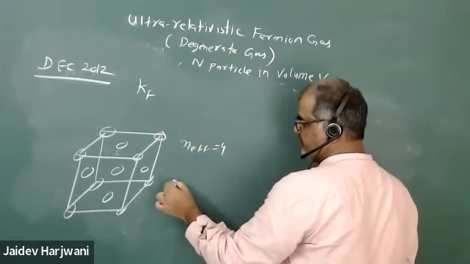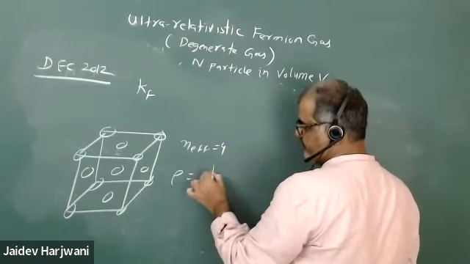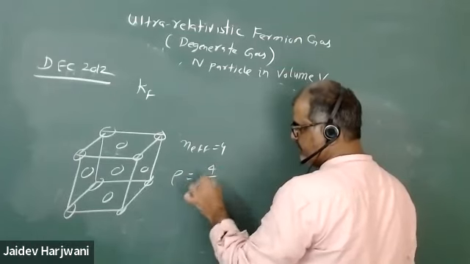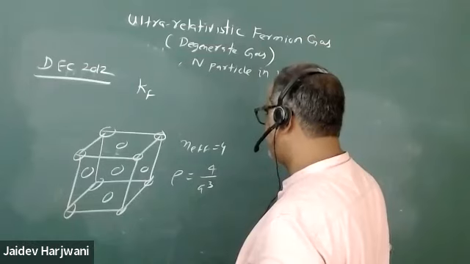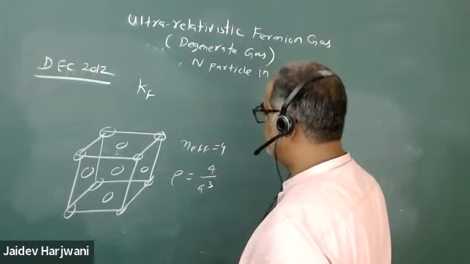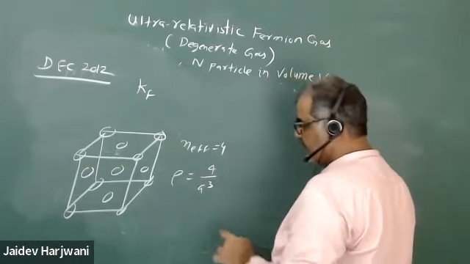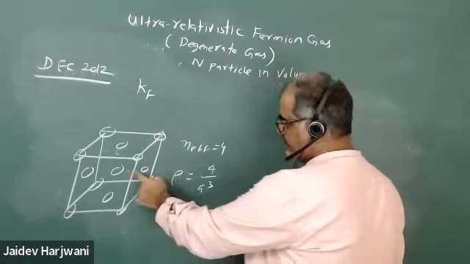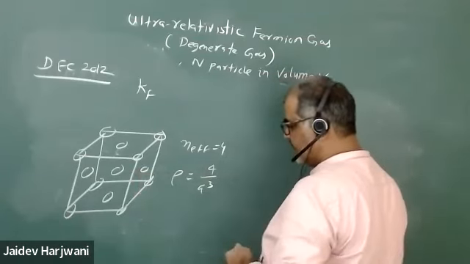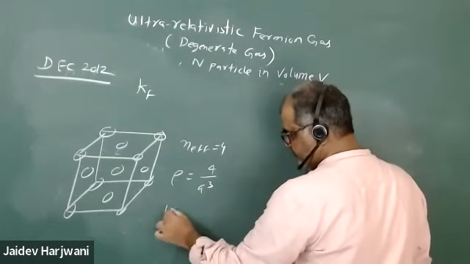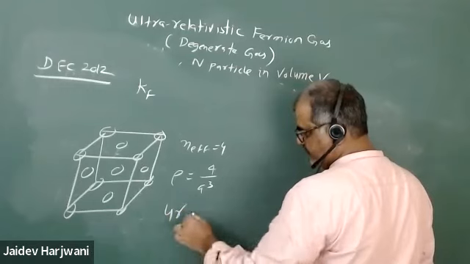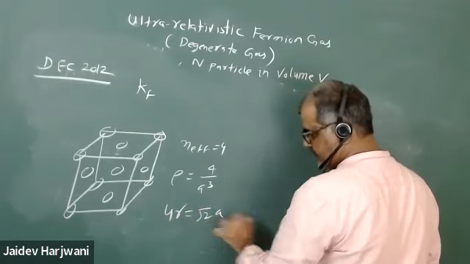So density will be n upon a cube, the number of particles, the number density. And what is the relation between a and r? So we know we have 4r equals root 2 a.